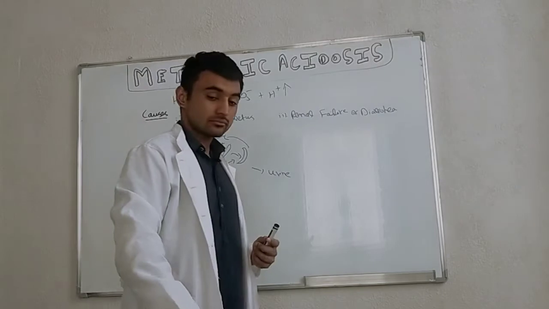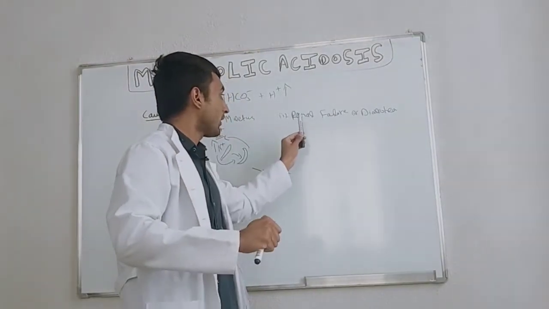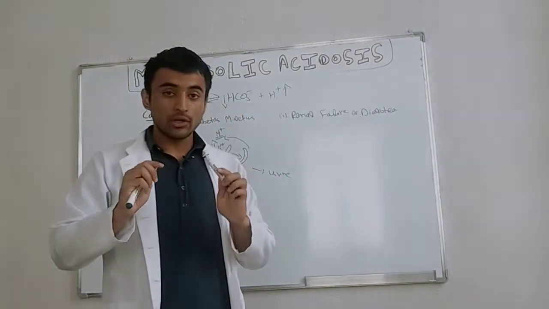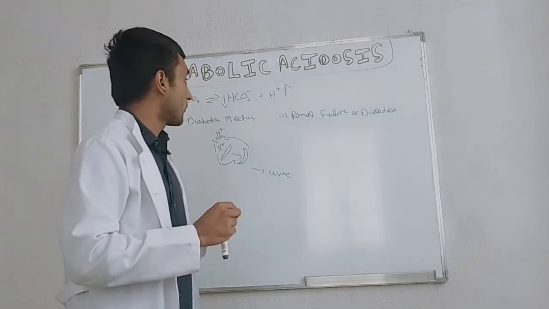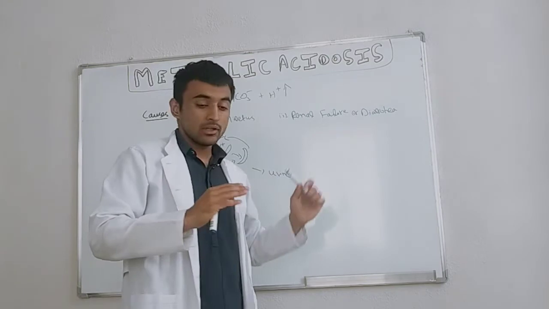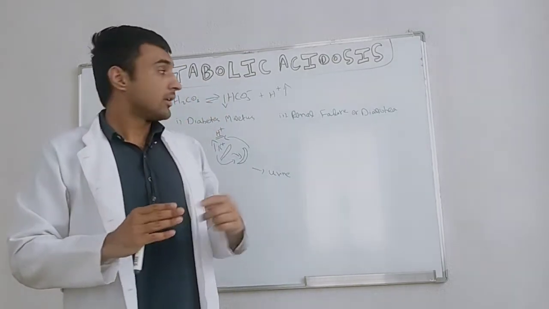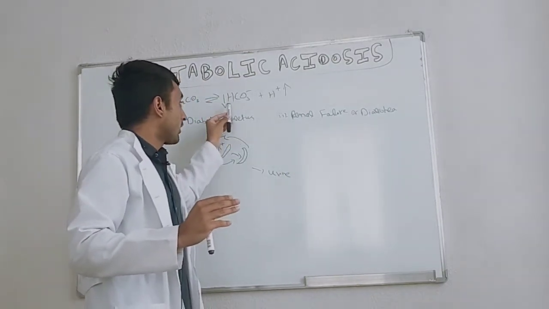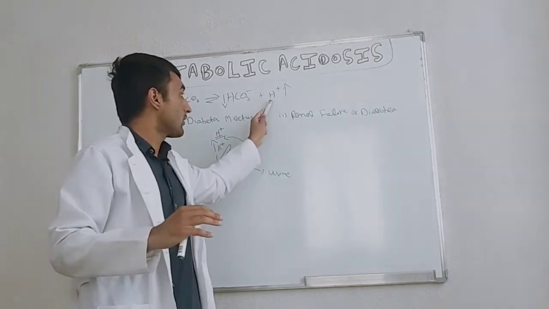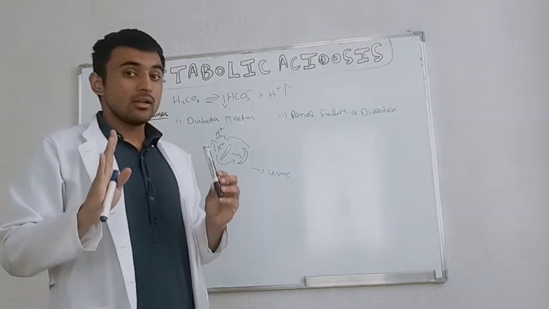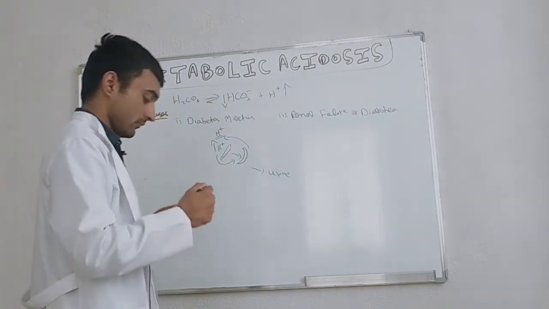Both renal failure and diarrhea are contributing causes of metabolic acidosis. So how do they cause it? Essential electrolytes are lost, I mean that bicarbonate ions are lost during renal failure or diarrhea. It would cause an increase of the hydrogen ion, which would cause metabolic acidosis.